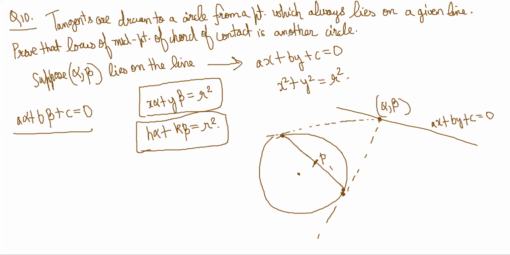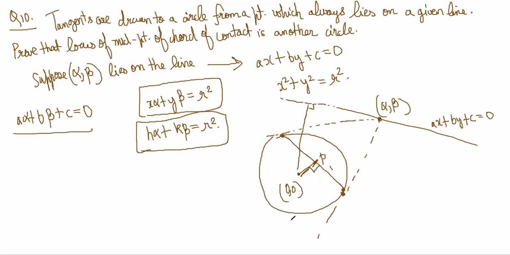Our origin will be 0 comma 0 because that's according to the equation we assumed. So we can basically draw a perpendicular line from the origin to the straight line ax plus by plus c.